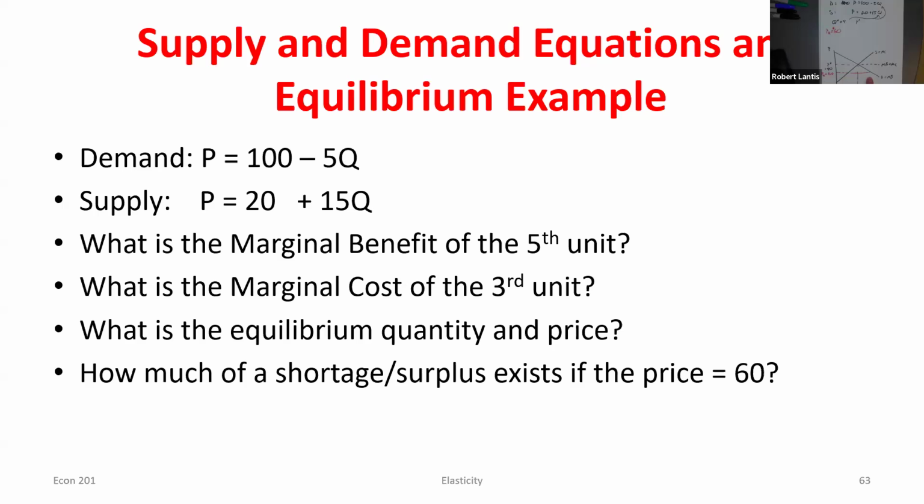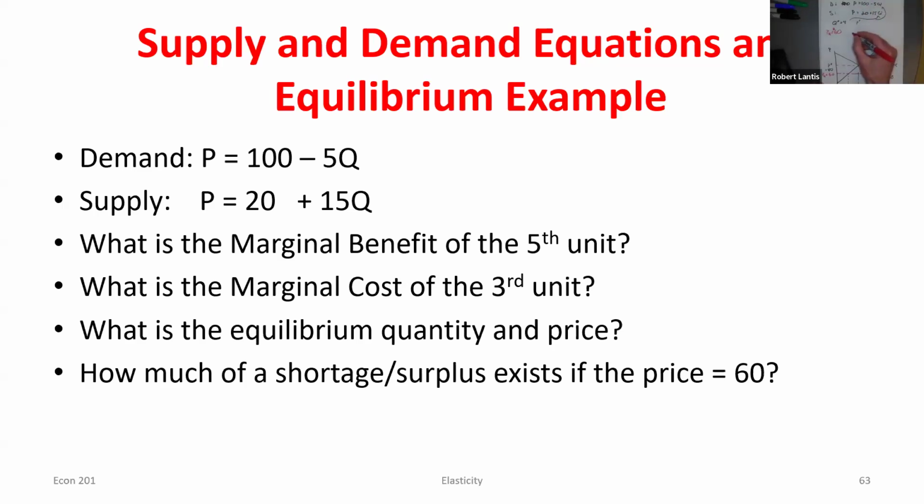Demand is higher than supply. We've got more people wanting to buy the good than what's being put out there. We've got a shortage, right? What's the value of the shortage? Well, how do I figure out exactly what these quantity supplied and quantity demanded values are? If I know this hypothetical price, what could I do? Plug it into my supply and demand equations, right?